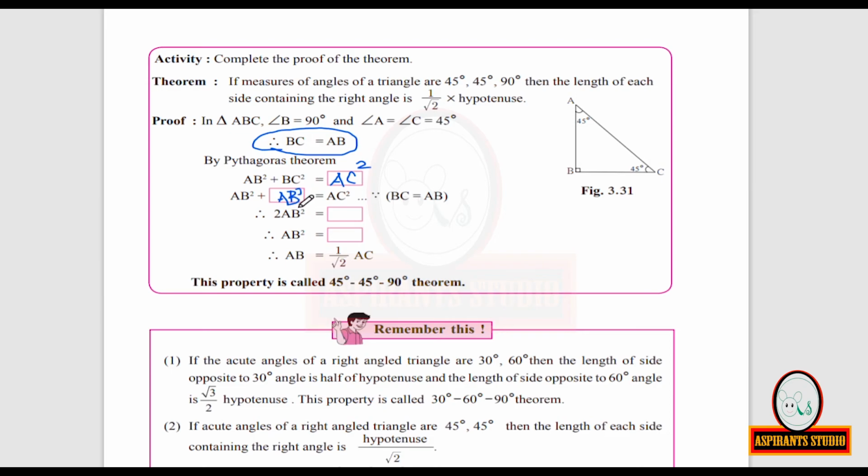Now 1 AB square plus 1 AB square will become 2 AB square. So 2 AB square is equal to AC square. So within that third box you will write AC square.